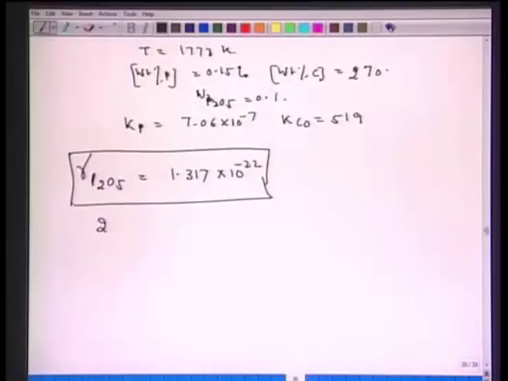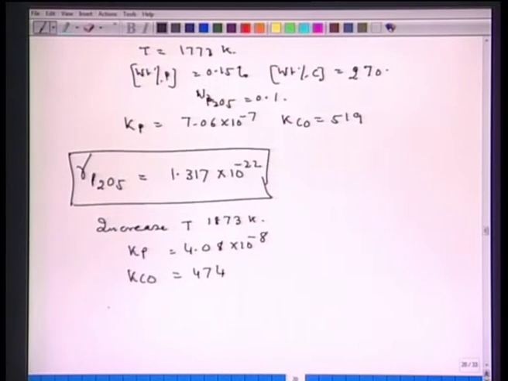Here itself I can illustrate what will happen if I increase the temperature to 1873 Kelvin. Then Kp is equal to 4.08 into 10 to the power minus 8, KCO is equal to 474, and the gamma P2O5 which I will require is equal to 1.42 into 10 to the power minus 23.